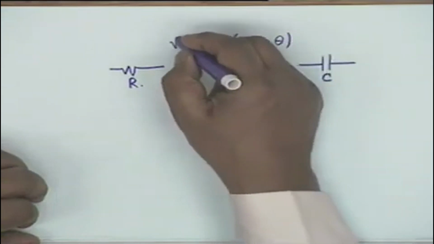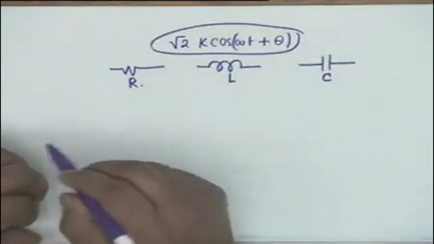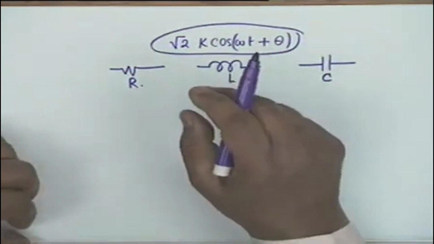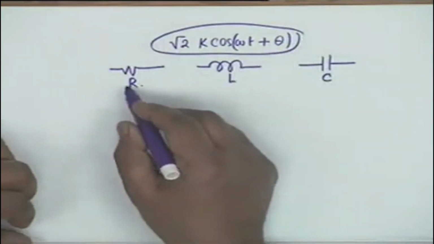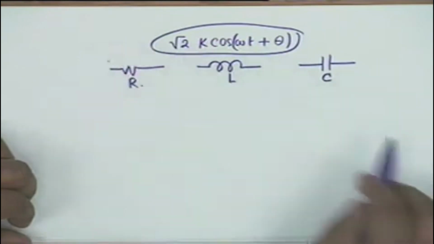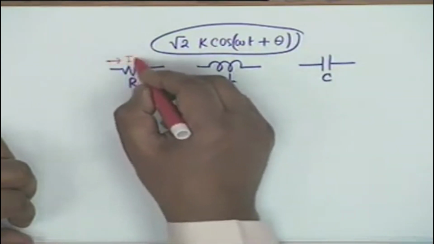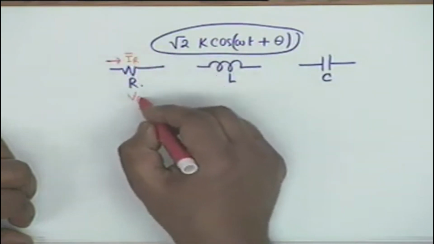All currents and voltages are of this form. If that is so, then the current in the resistance, we can now represent only in terms of phasors. Let's do that. This is IR phasor, and the voltage phasor is VR.